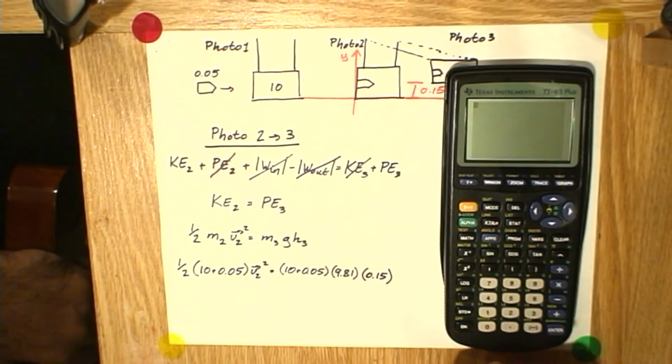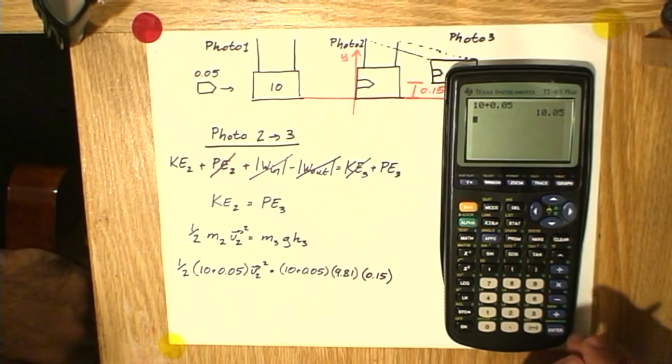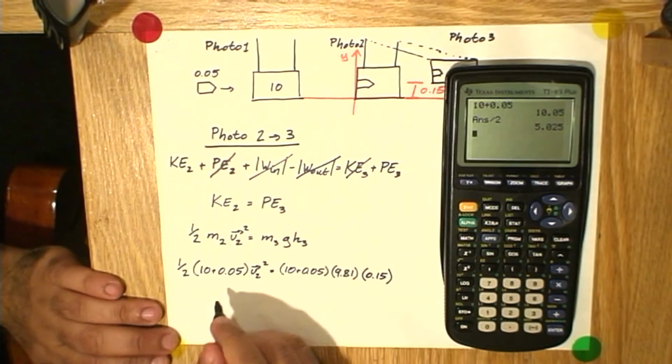Okay, so 10 plus 0.05 gives us 10.05, and then half of that is 5.025.